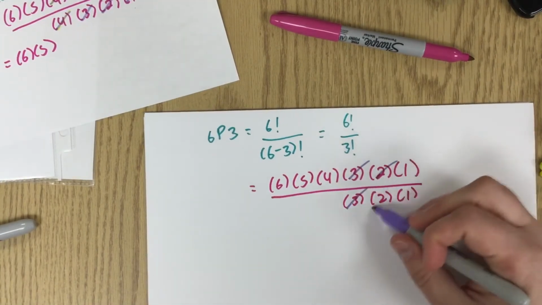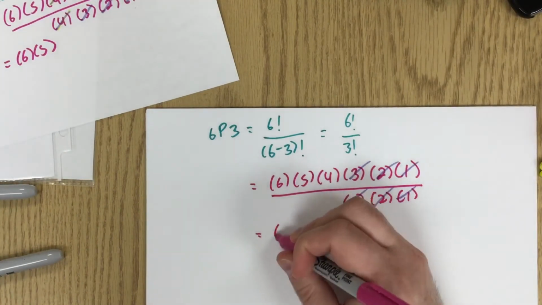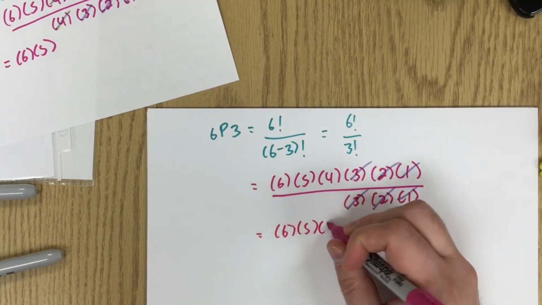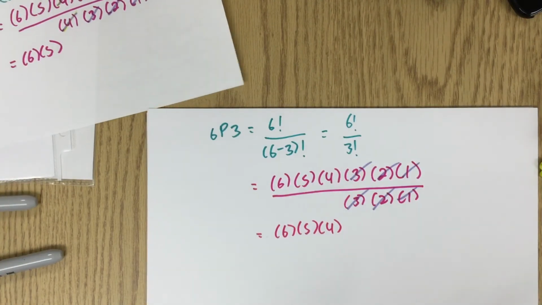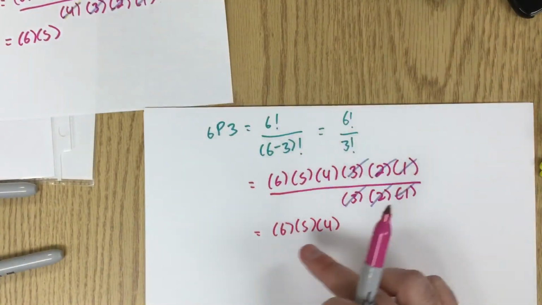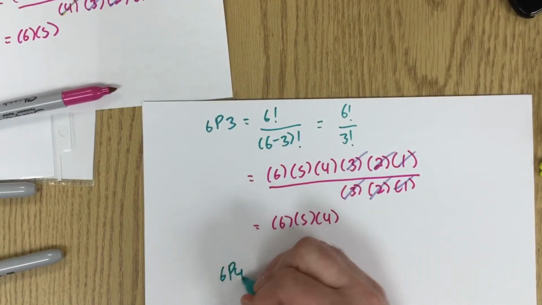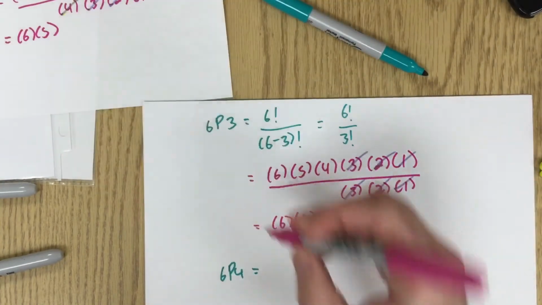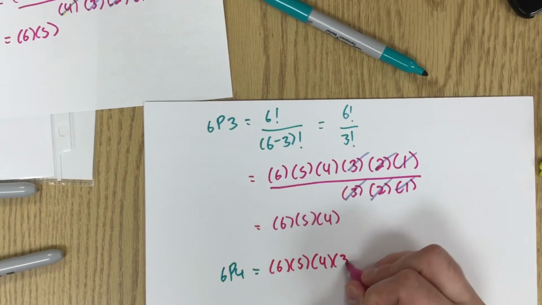We're left with 6 times 5 times 4, which is 120, but that's not the point. So 6 pick 2 was 6 times 5. 6 pick 3 was 6 times 5 times 4. And if you went through the same thing, you would find that 6 pick 4 was 6 times 5 times 4 times 3.